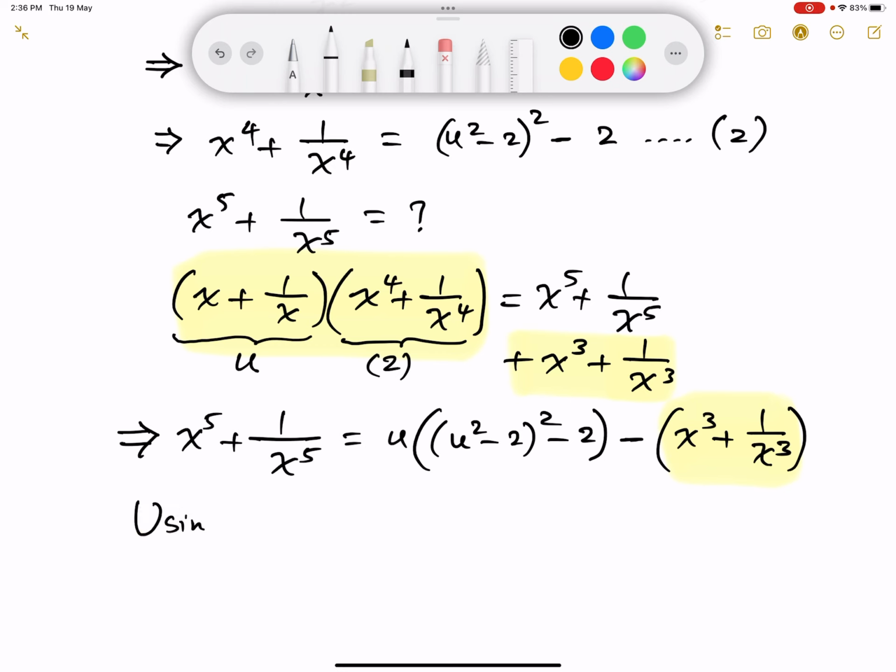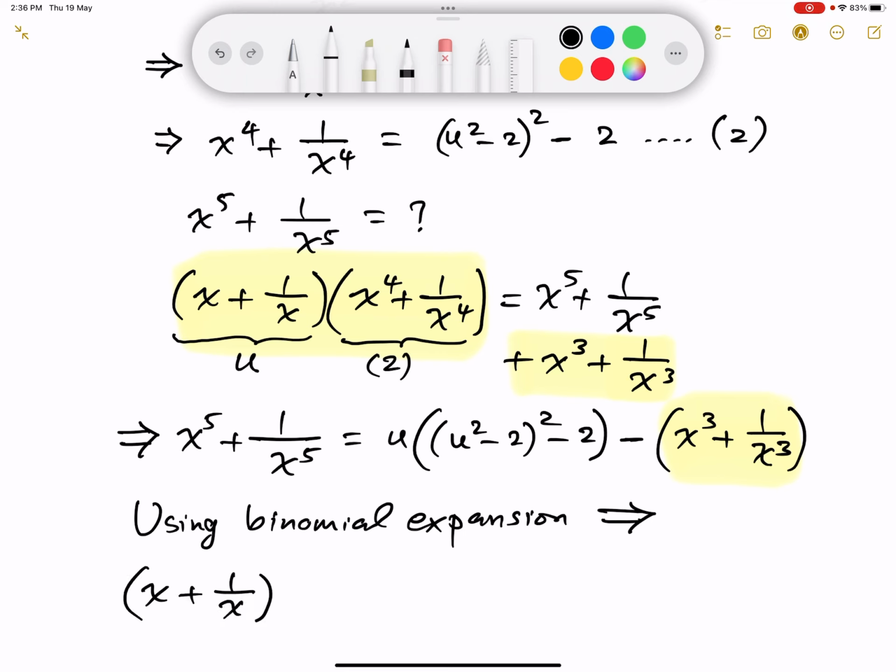So using binomial expansion, x plus 1 over x all to the power 3 is equal to x cubed plus 1 over x cubed plus 3 multiplied by x plus 1 over x.